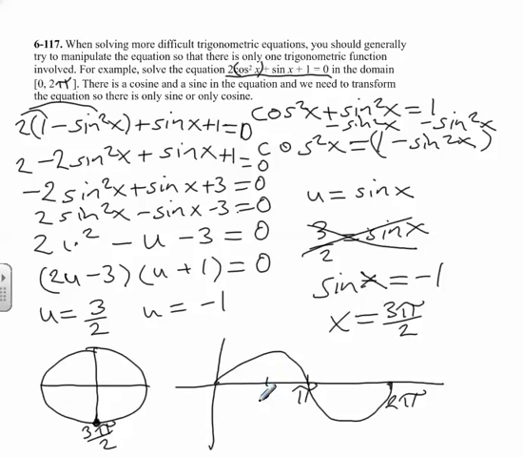Here, pi over 2. Here, 3 pi over 2. The amplitude is 1, so we reach all the way up here at 1, and all the way down here to -1. So, where on the sine curve are we equal to -1? That would be right here at 3 pi over 2. Okay, I hope that went well.